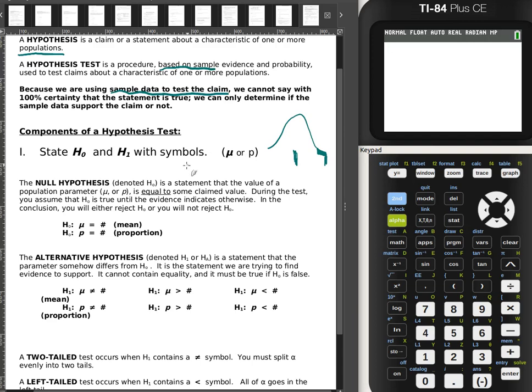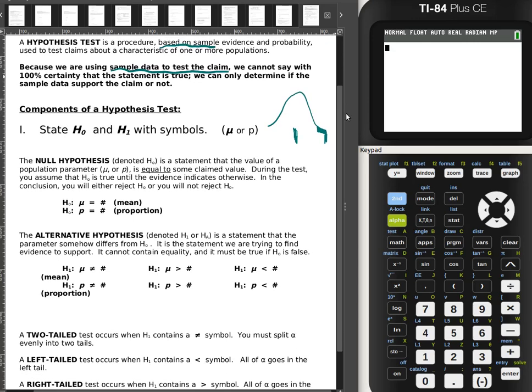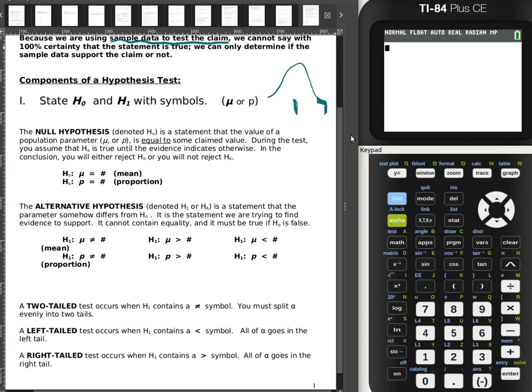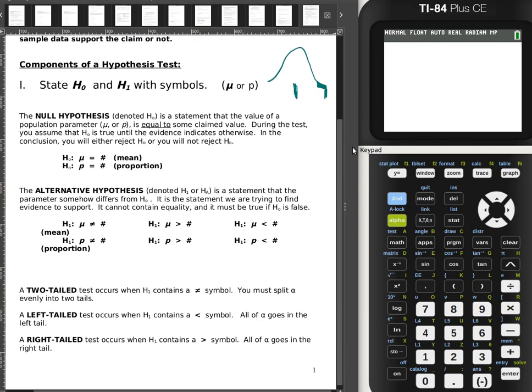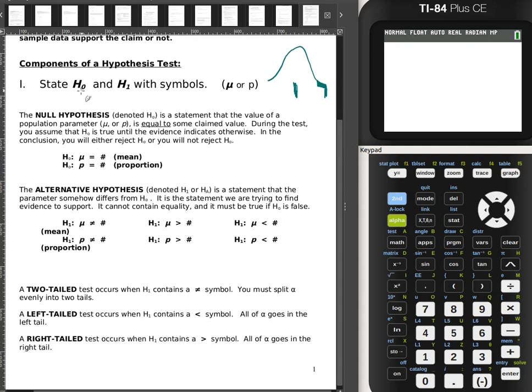So in general, we will have quite a few components of a hypothesis test. We will talk about the first one right now, which is to actually state what the hypothesis is and what will be, for example, the null hypothesis, which null just means basically default.